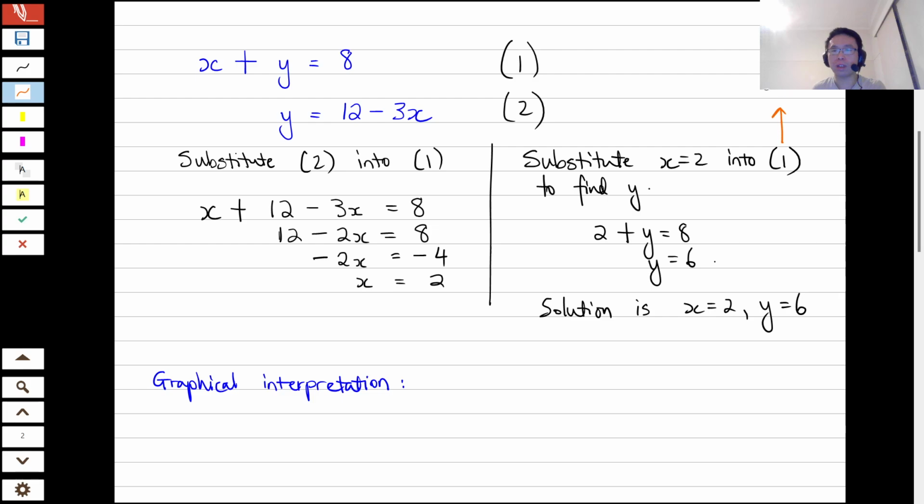Note, I could also have used equation 2 as well. There was nothing special about choosing equation 1, because if I substituted x equals 2 into this equation, I would have gotten 12 minus 6, giving me 6 as well.